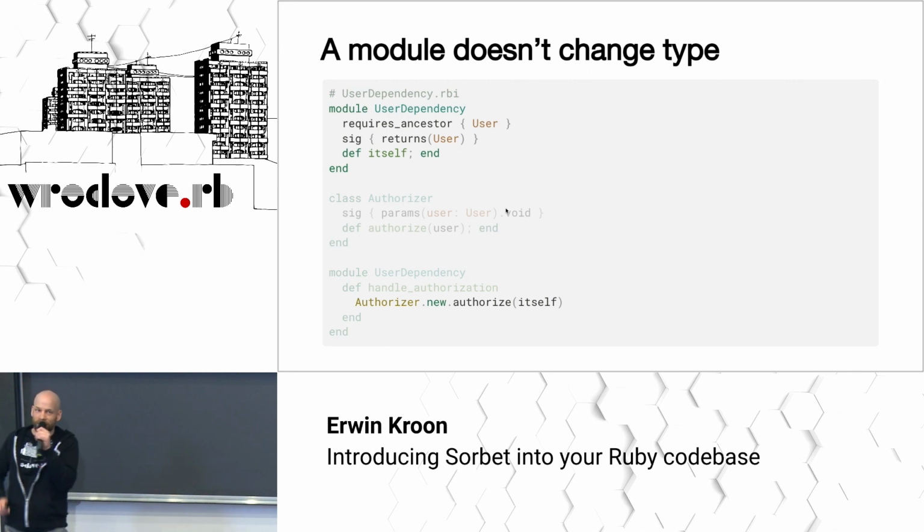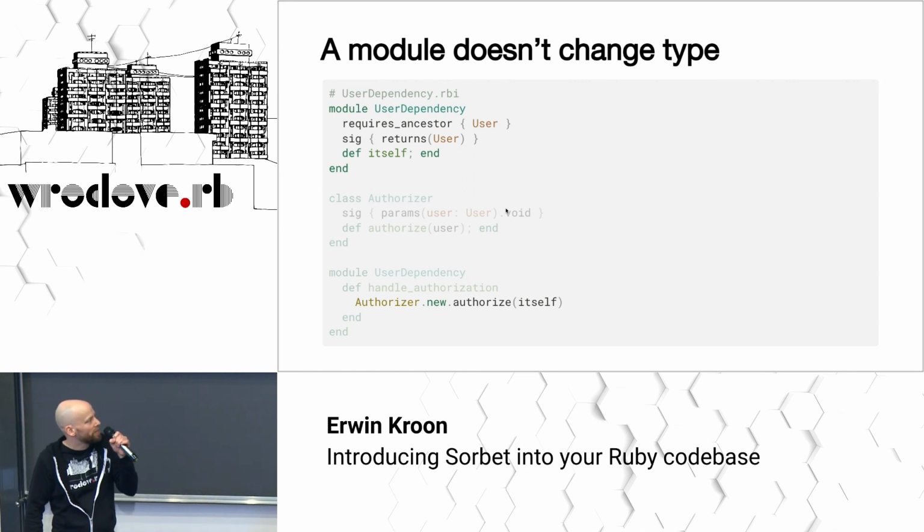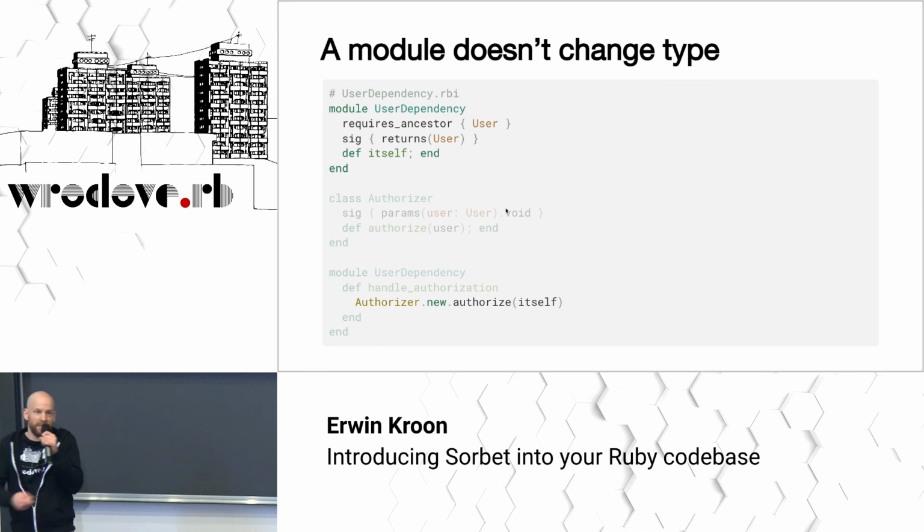I think it is a good solution, because you can just say, way easier, hey, I want to authorize something, and I want to just use itself, and itself is then overwritten in the RBI file. So now the static type checking will just be okay. And on runtime, it's all just fine, because that also satisfies this same dependency, because we know that it will be okay, because this code also worked without Sorbet.